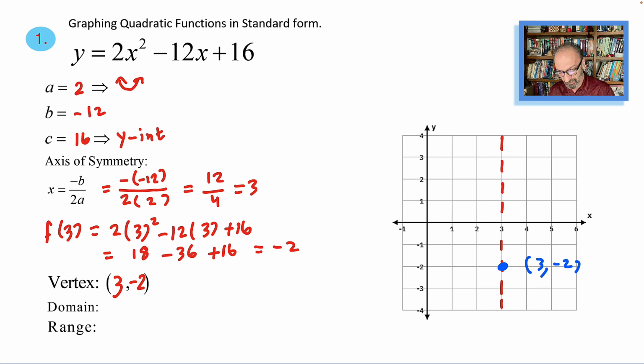If you plug in 2, I will get 0. And 4 will give me 0 because of symmetry also. The graph should look like this.